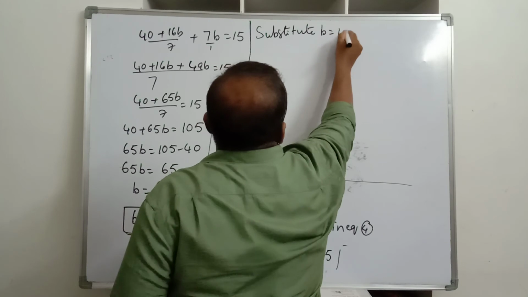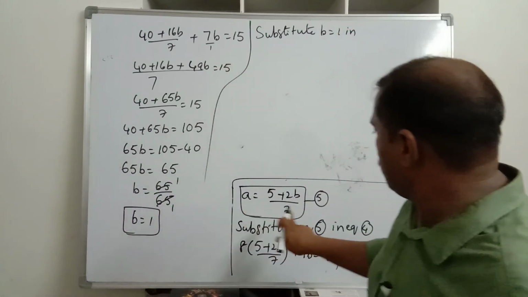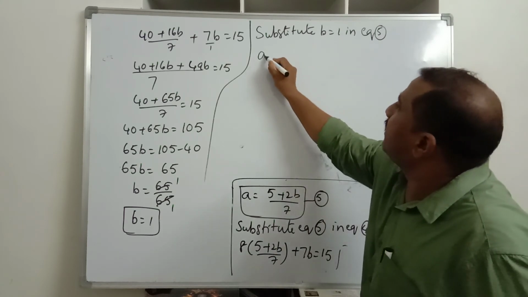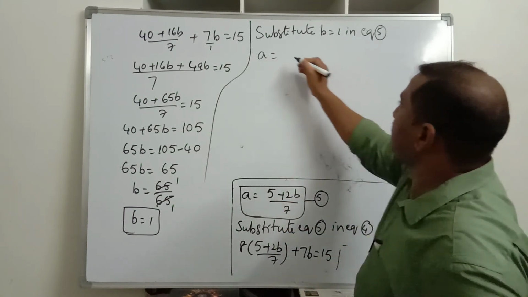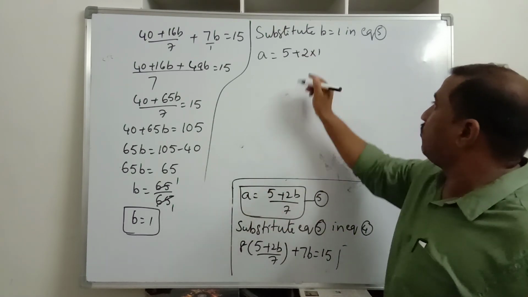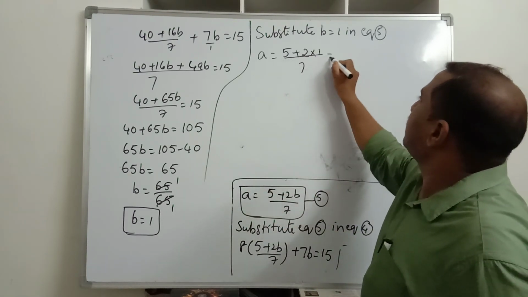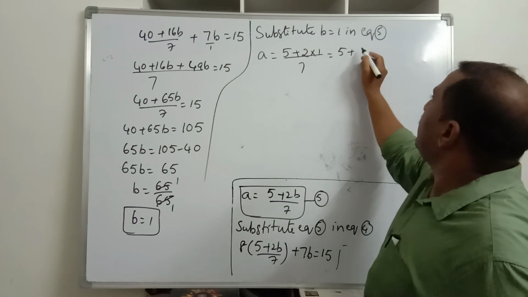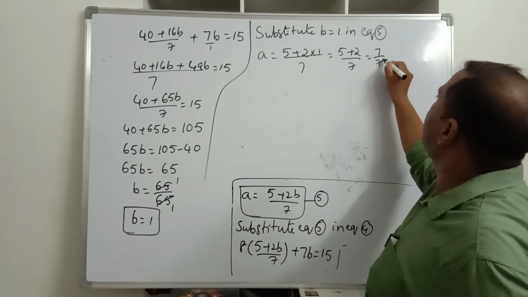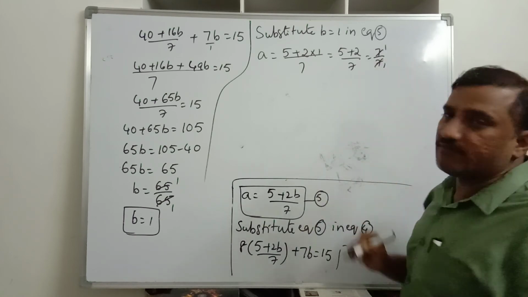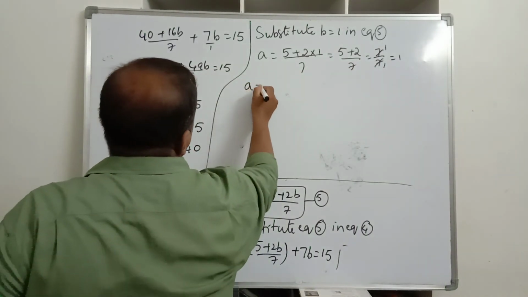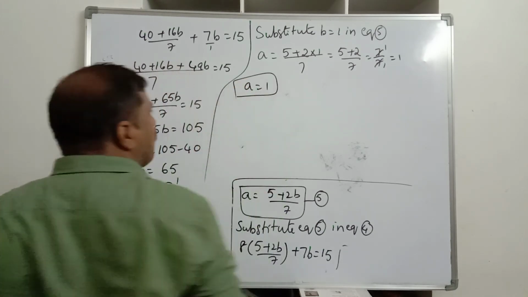That is a is equal to 5 plus 2 into b divided by 7, that is 5 plus 2 into 1, it is 7 by 7, which is equal to 1, sevens are cancelled, we will get 1. Therefore a is equal to 1.